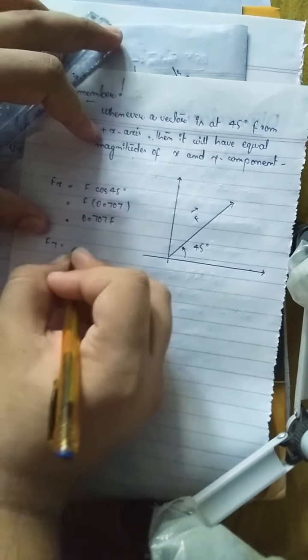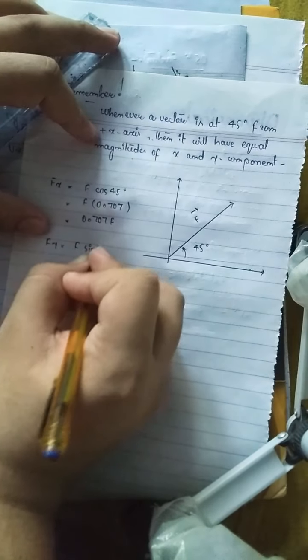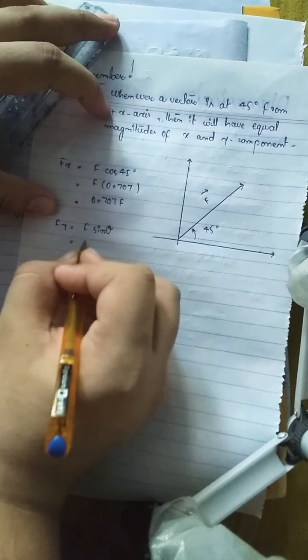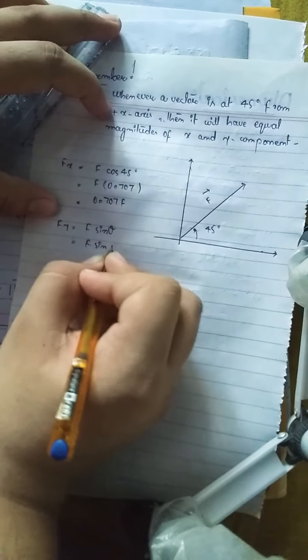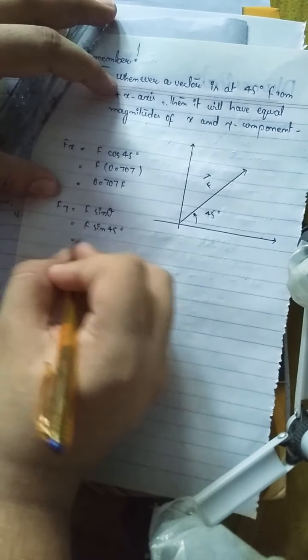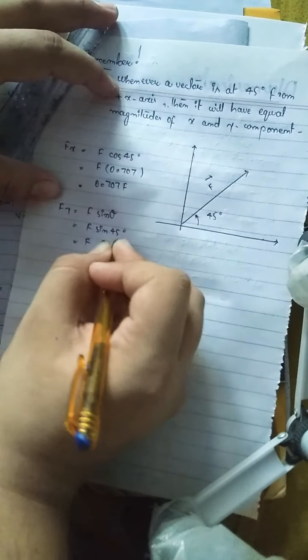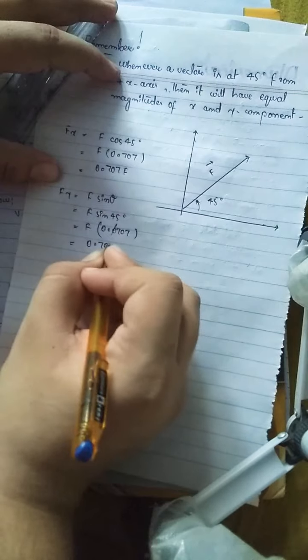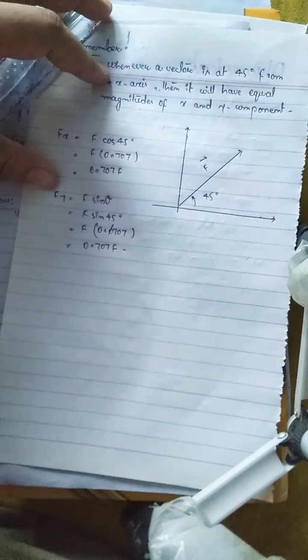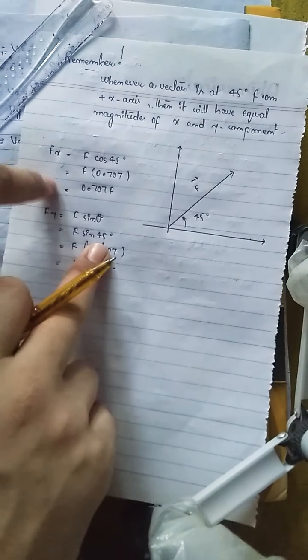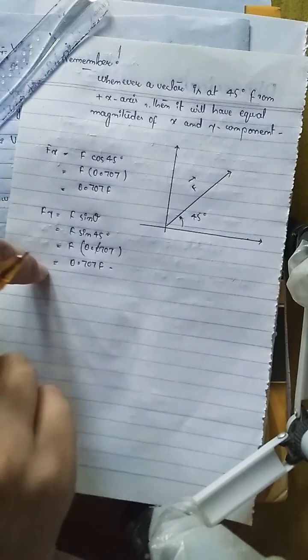Similarly, fy is equal to f sine theta. Here the value of theta is 45 degree, therefore it becomes sine 45. The value of sine 45 is 0.707. Therefore the value of fy becomes 0.707 f. So we can see that when a vector is at 45 degree, it has equal magnitude of x component and y component.